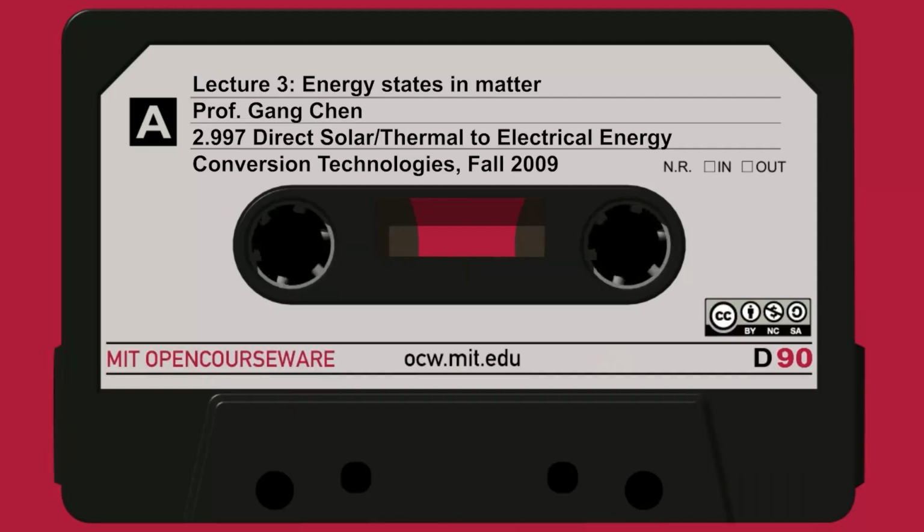This time I'm starting with the hydrogen atom, and for the hydrogen atom, again, you go to quantum mechanics. These are the energy levels of the hydrogen atom, the electrons in this case.